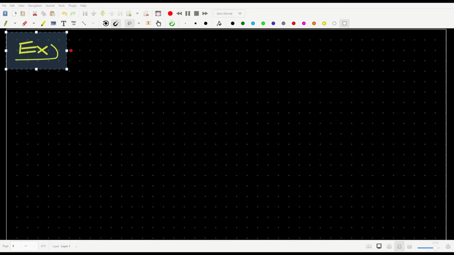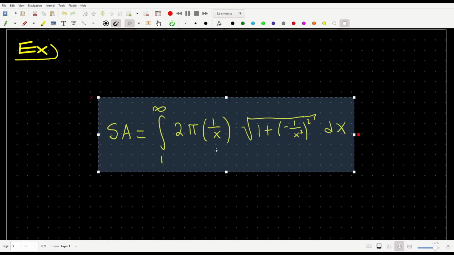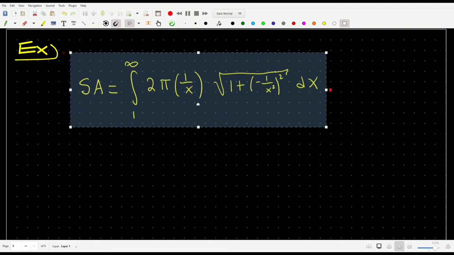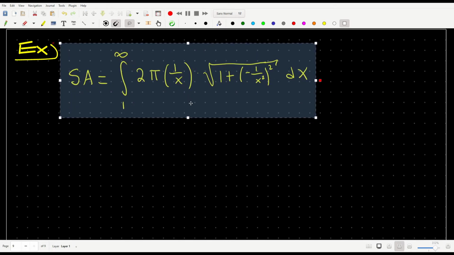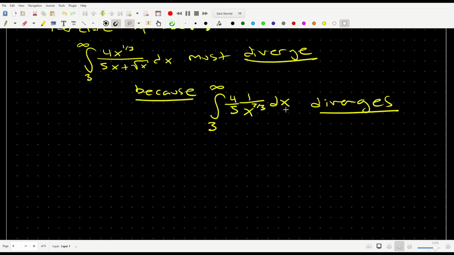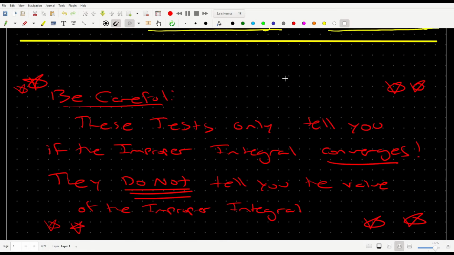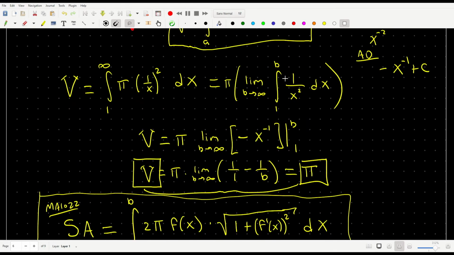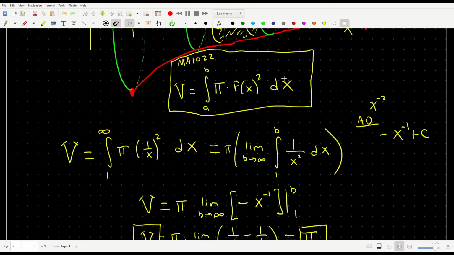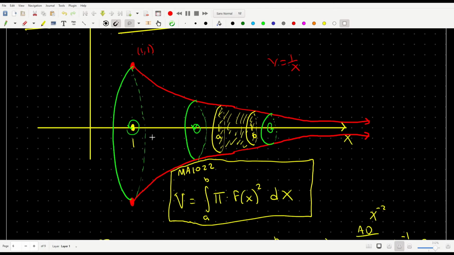I'll do one more example from the previous lecture, and that's the surface area integral for Gabriel's horn. You'll remember from that example, a few examples ago, we calculated the surface area and the volume of this infinite shape, the surface of revolution generated by 1 over x, as x goes from 1 to infinity.